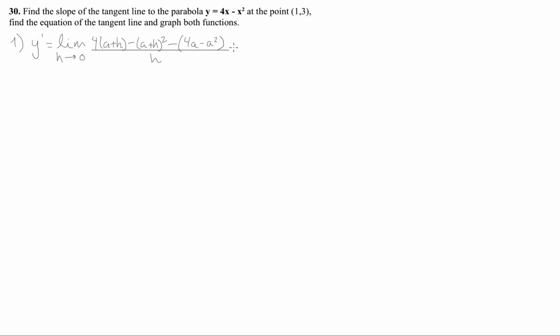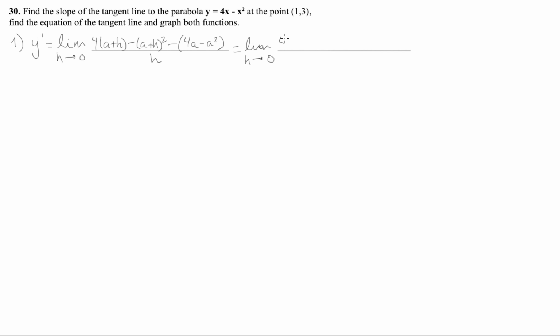The second step will be multiplying each of the terms so we can get the polynomial on top of the fraction. So this will be limit when h is approaching 0. We always write this limit. We are going to apply our distributive property for all of these terms.